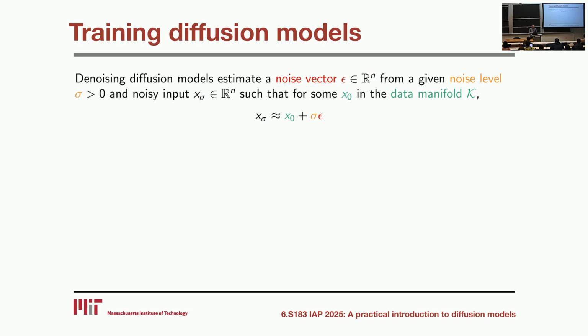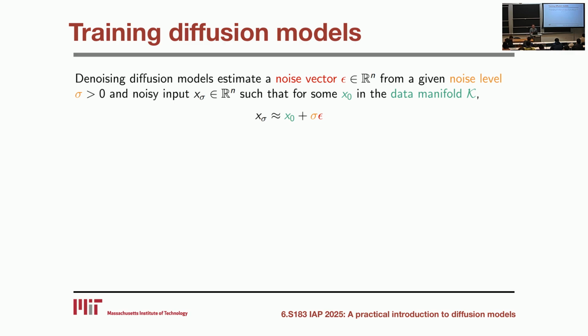And you take this clean data, you choose a noise level. How do we choose this? We'll talk about it more later. And then we choose a noise vector, which you can think of as a direction. So you choose the clean data, the noise level and the noise direction, and add the noise to the clean data. That's how you get the noisy version of the data.